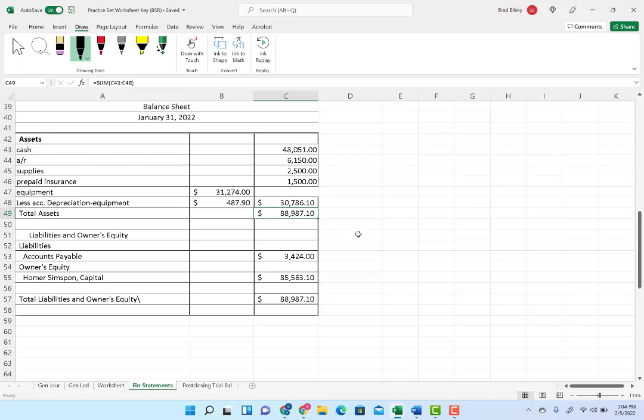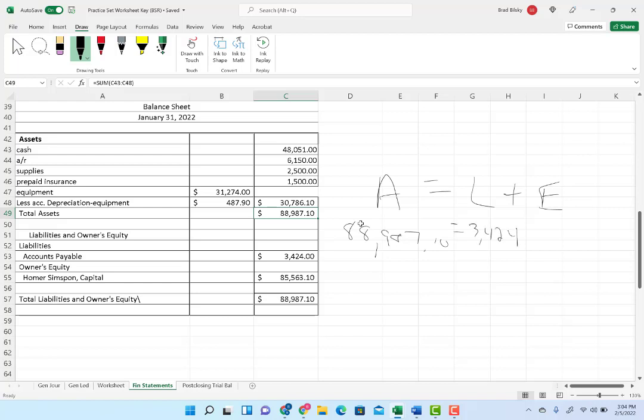Remember, the balance part of the balance sheet comes from the fact that assets equal liabilities plus equity. Remember our accounting equation. So we have to make sure that's still in balance. Well, we have assets of 88,987.10. Notice our liabilities here, we just have one account, 3,424.